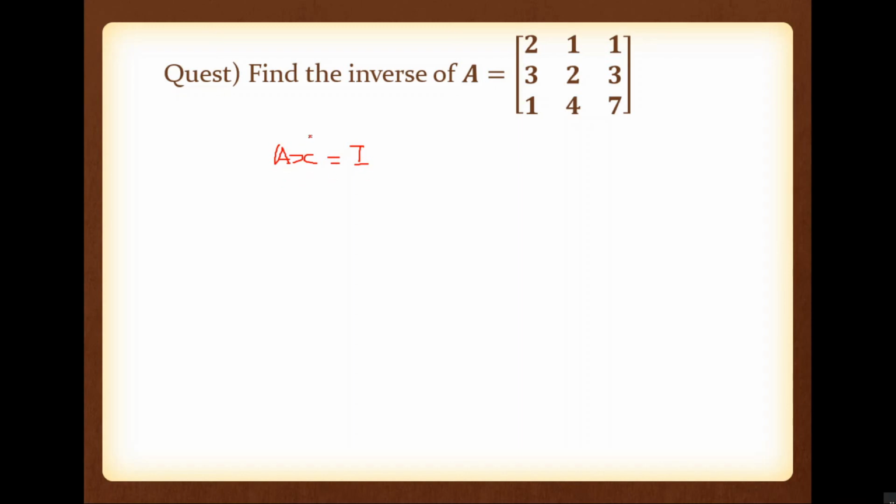So A into A inverse is I. So what do we have to do? We have to form the augmented matrix. What is A? A is 2, 1, 1, then 3, 2, 3, then 1, 4, 7. So this is the given matrix A equal to 2, 1, 1, 3, 2, 3, 1, 4, 7.